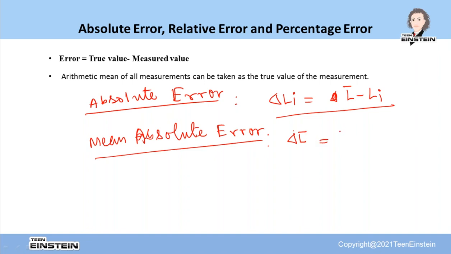As I had written, this means delta Li. Like that I can write. All right, so there is no doubt here.